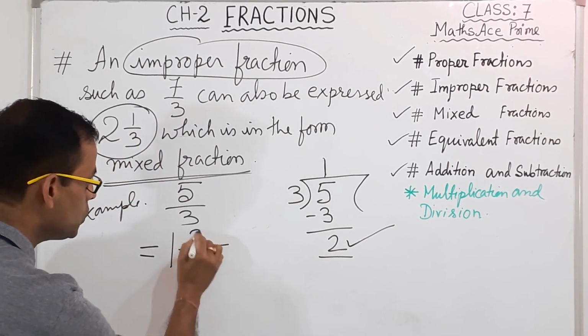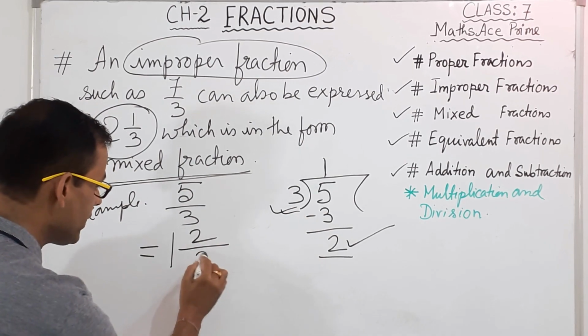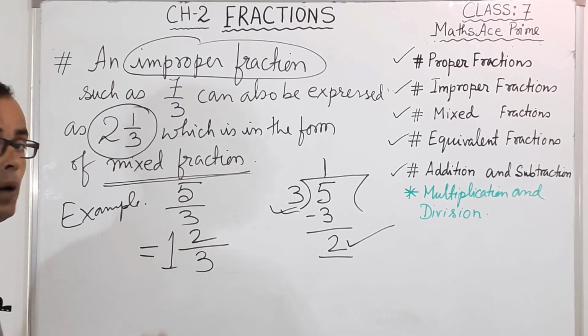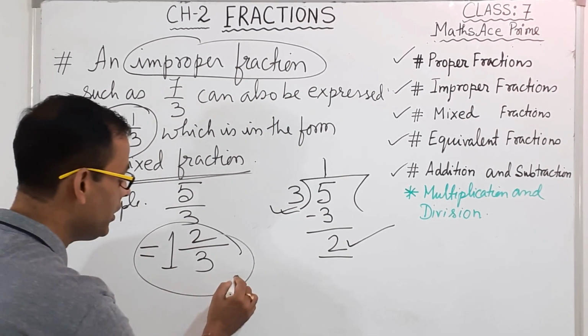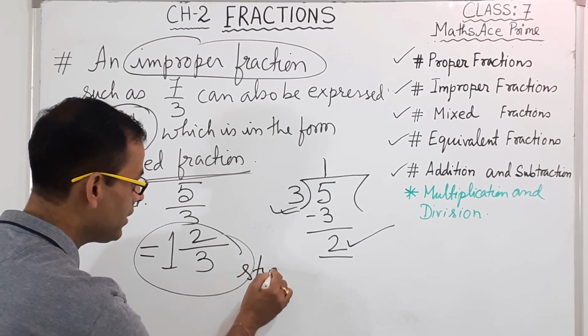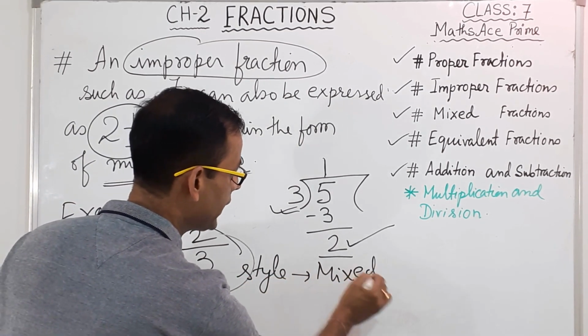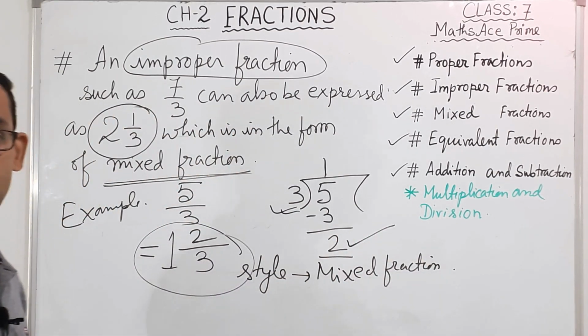The remainder is 2, that we will write on top, and the divisor is 3. So what are we getting? 1 whole number 2 by 3, and this style is known as a mixed fraction. I hope you have understood.